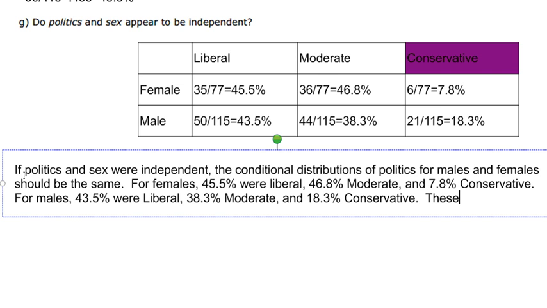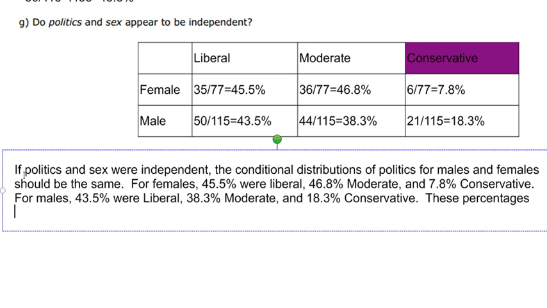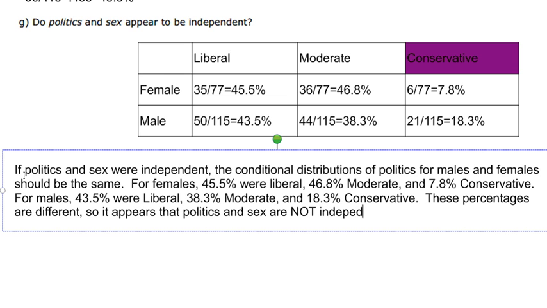These percentages are different, so it appears that politics and sex are not independent. There is your video example for Chapter 3.